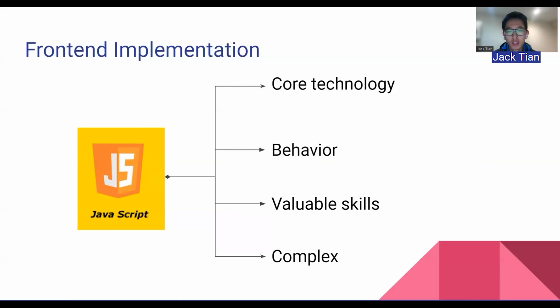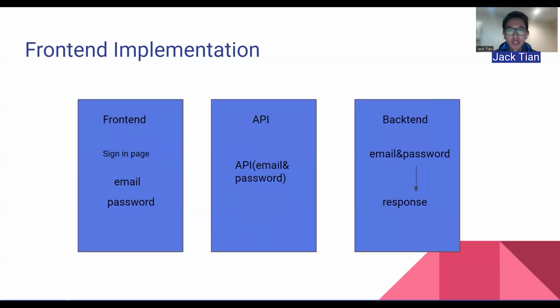For example, if you click a button and you go to another page, this is a click event. Request to backend and get response from backend. To connect front end and back end and get data from back end, our front end will send a request to back end, and back end sends a response to front end after back end finishes the process.